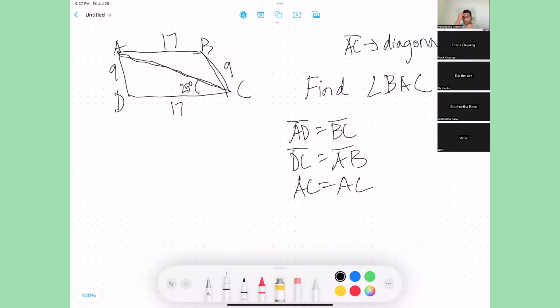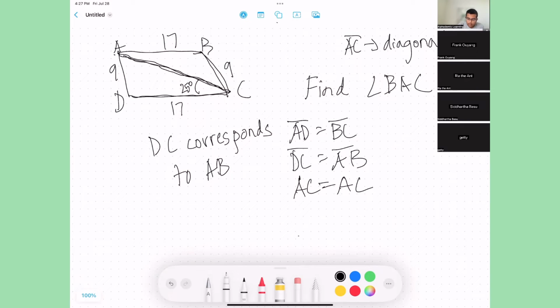So if this angle is equal to 25 degrees, we see that this is between DC and AC. DC corresponds to AB, and AC is just equal to itself.